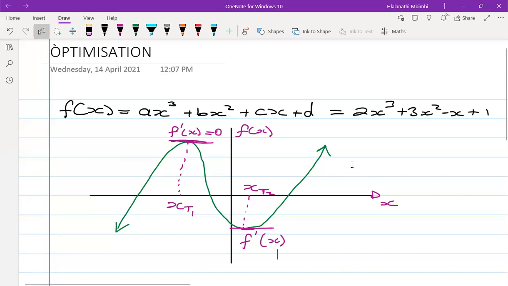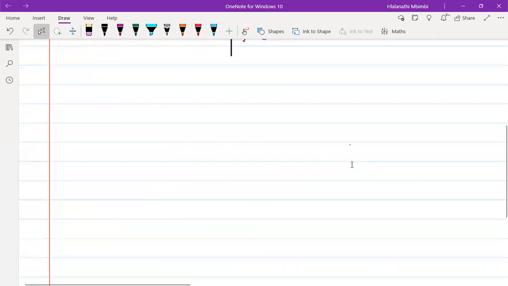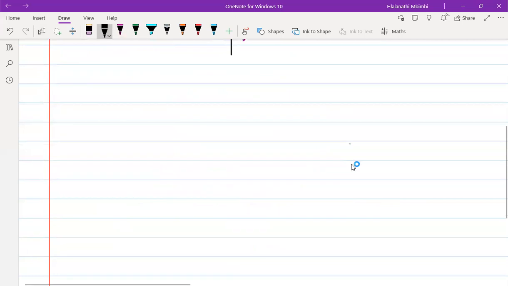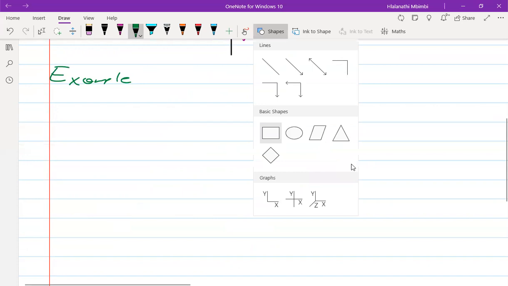Okay, I'll give an example here. So optimization is the process of trying to make sure that you are maximizing or minimizing the quantity that you're dealing with, right? That's what optimization is.